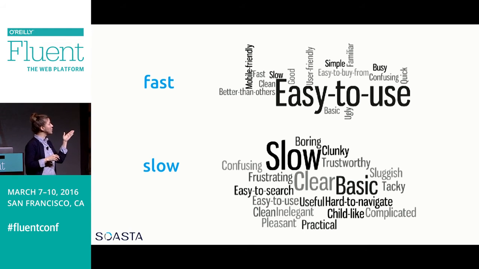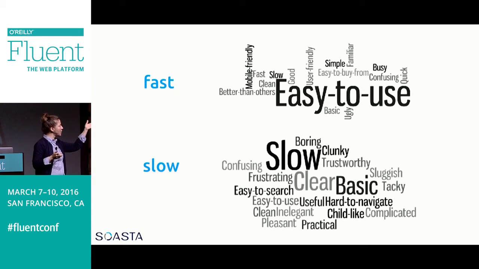What was interesting was that when we did exit interviews with all the people who participated in the study, the people who received the slower pages gave us a lot more negative words around their experience. They gave us a lot more words in general. They actually had more to say. Those exit interviews were longer. Not only did they say more negative things, but the negative things they said were about things that didn't necessarily have anything to do with performance.